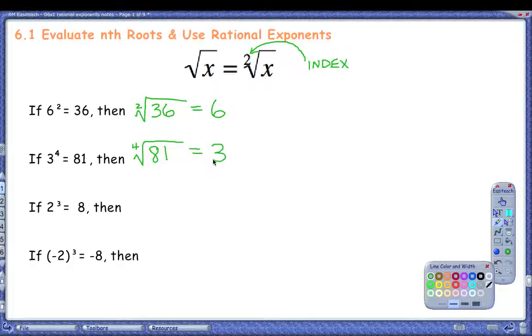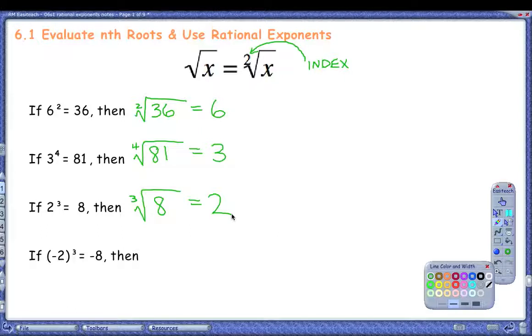So if you were asked to do the problem, the fourth root of 81, you're saying to yourself, what number, when raised to the fourth power, would give me 81? And that is 3. Another example, if 2 cubed is 8, then the cubed root of 8 is 2.